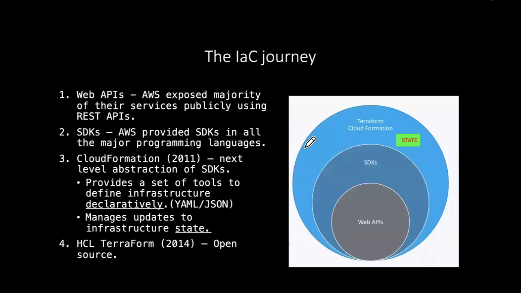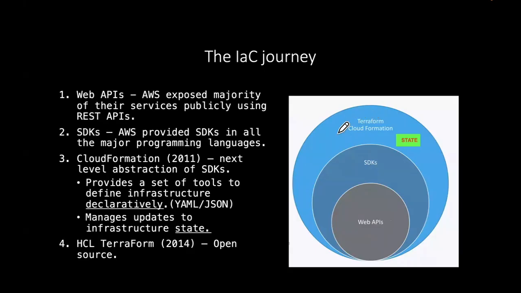This slide is kind of telling the same story. So at the beginning, the cloud providers provided a web API interface to the various services. They also provided an SDK to simplify communicating with the services rather than writing raw HTTP. Then they provided the resource provisioning engine.